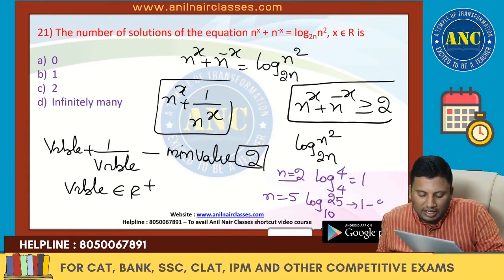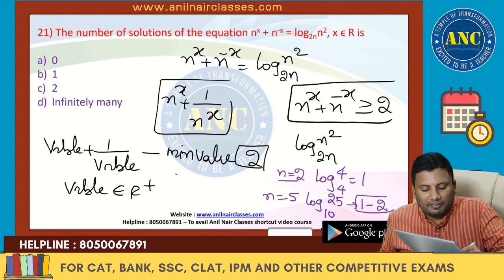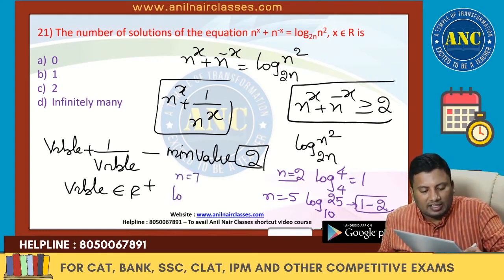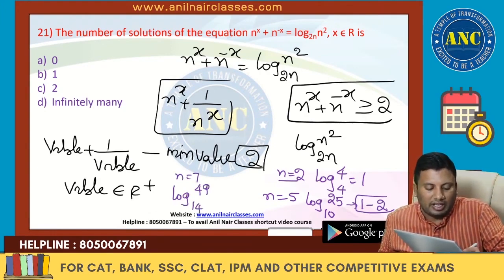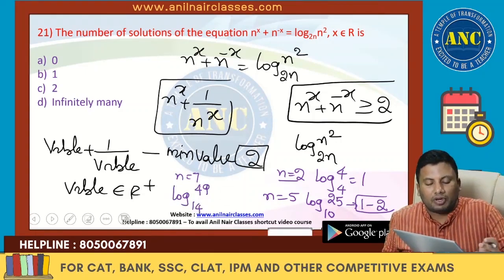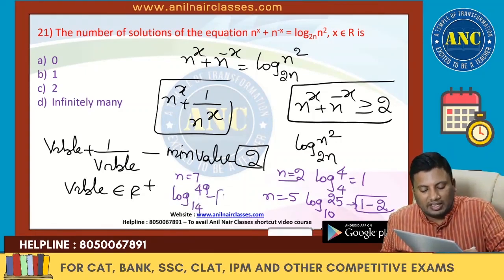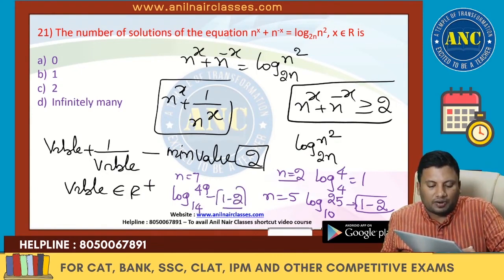This value is from 1 to 2. If n value is 7, 7 squared is 49, 2 into 7 is 14, 14^1 is 14, 14 squared is 196. Again the value is from 1 to 2.